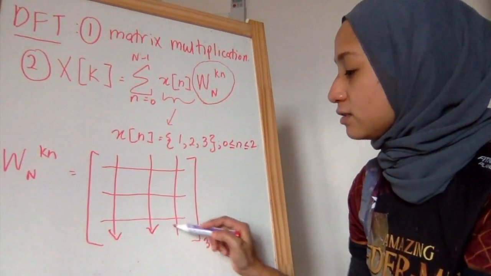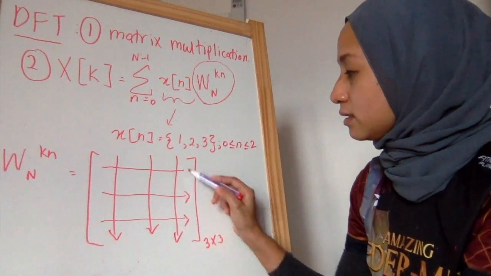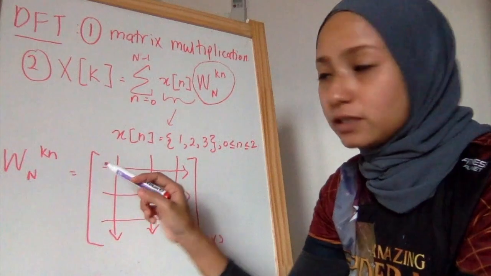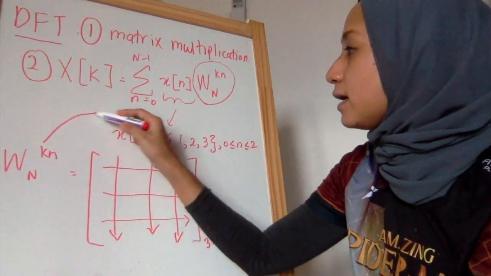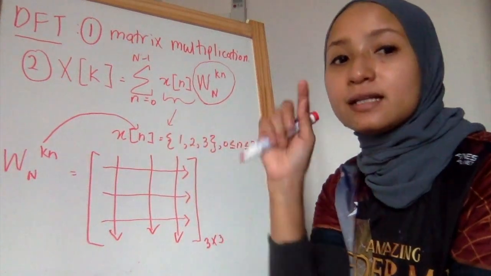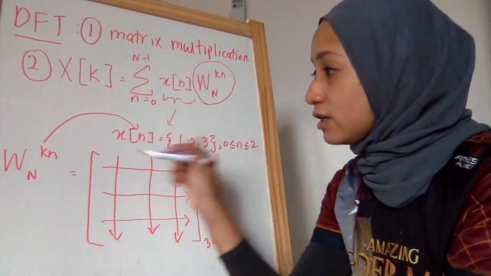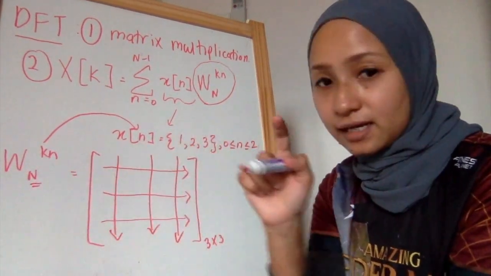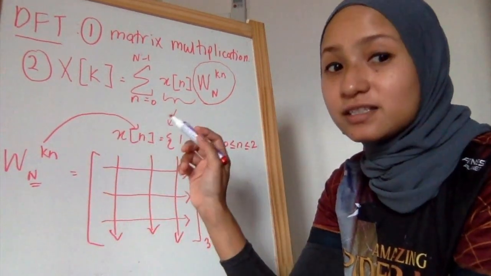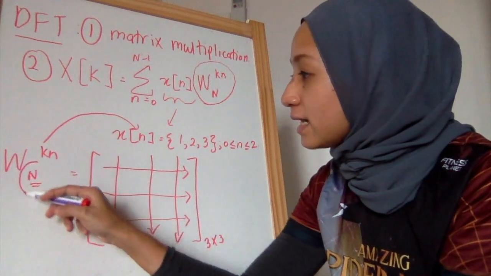To build your matrix, the W matrix depends on your s[n] length, your capital N value, your sequence length. Where do you find the length?